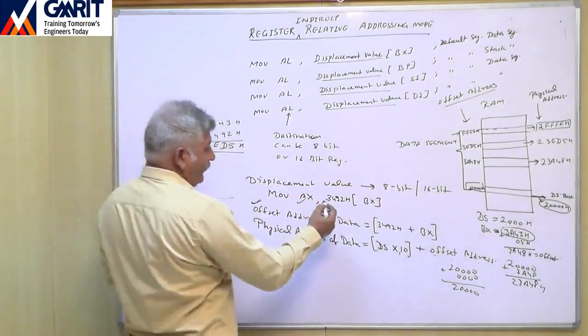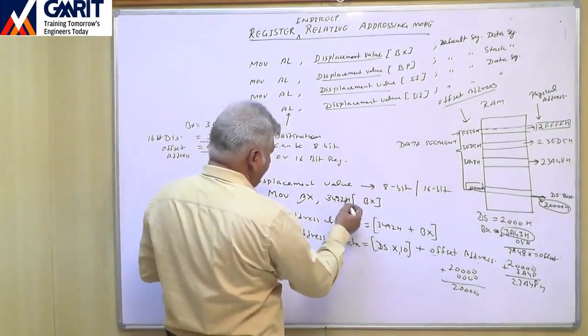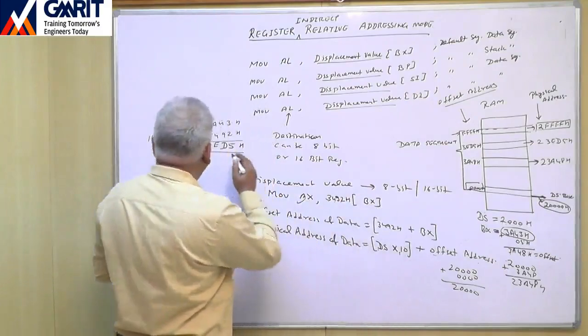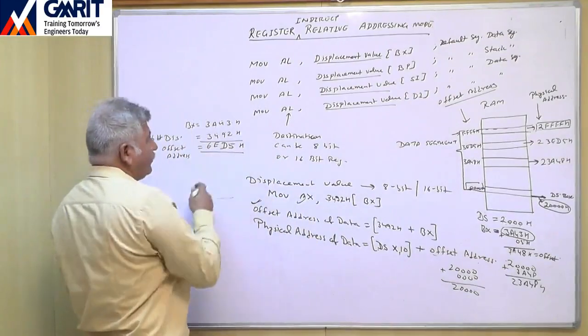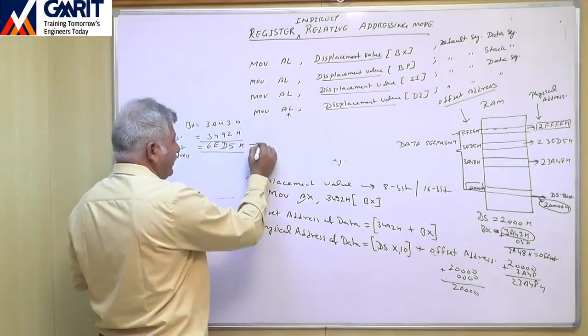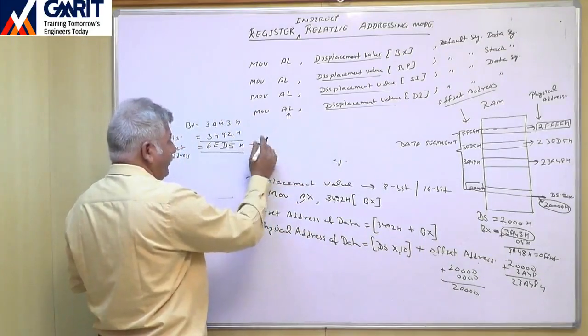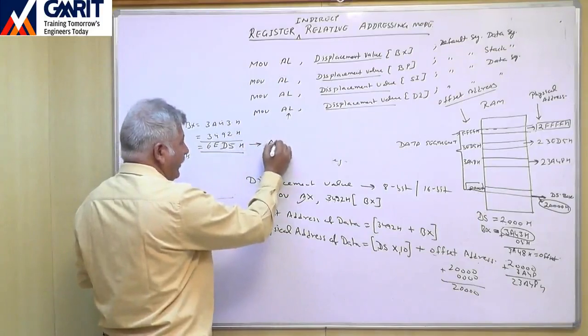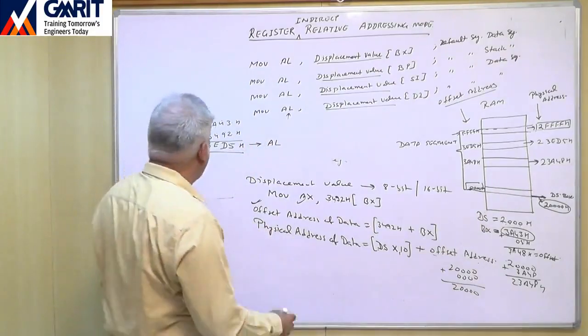Here we have calculated the offset address, and from this offset, data will be moved to AL, the lower 8 bits of the register.